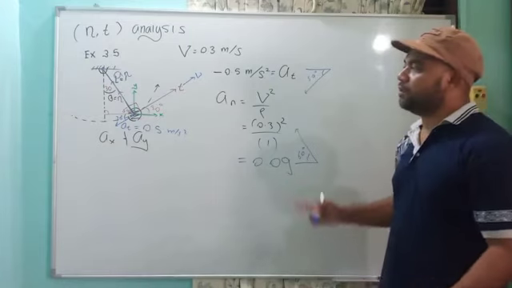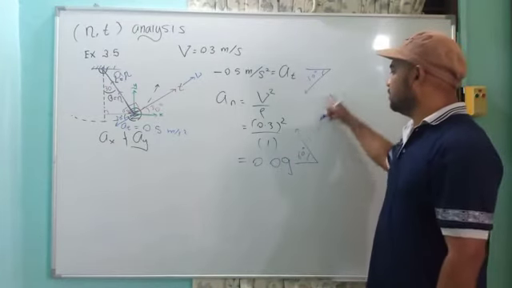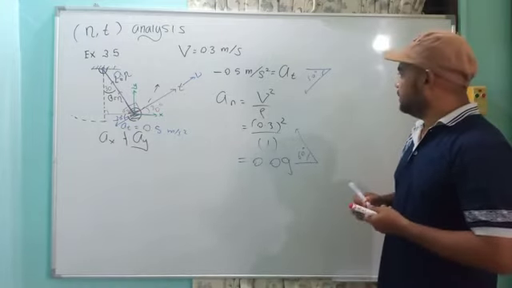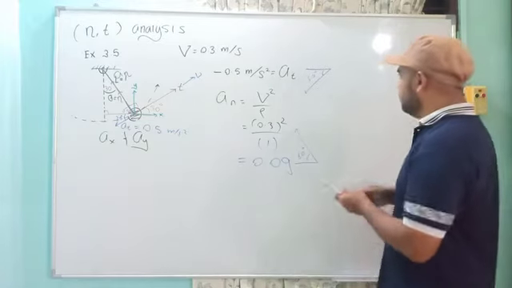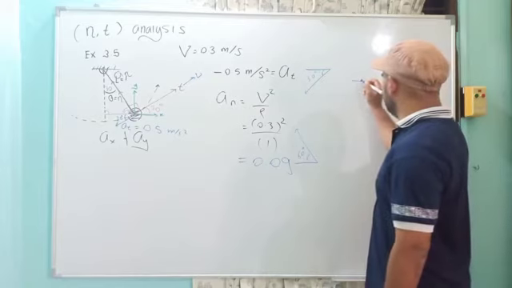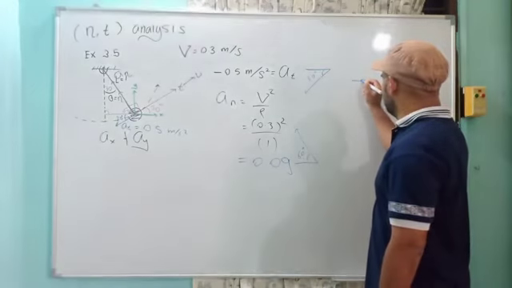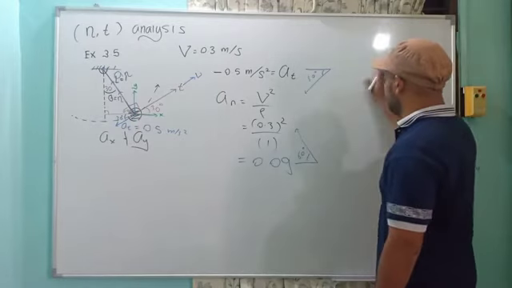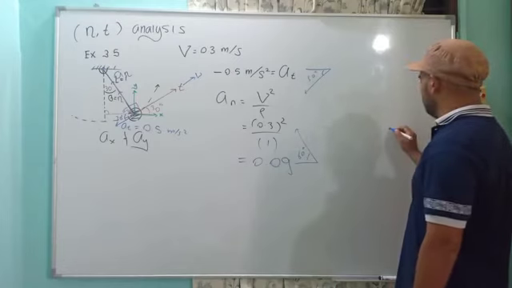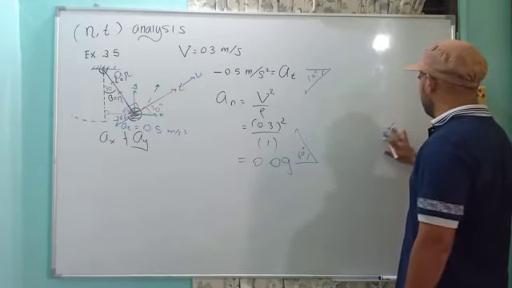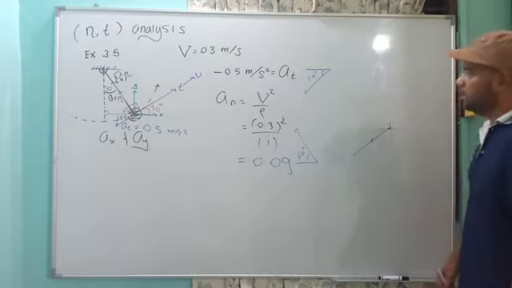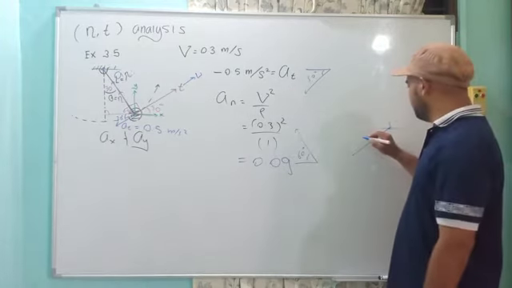In order for you to resolve into X and Y, you have first to combine these two. You have to combine the A normal and A tangent. A tangent first: let's say we have 30 degree from here, which is 0.5.